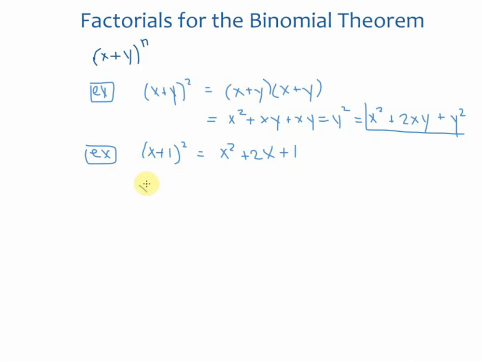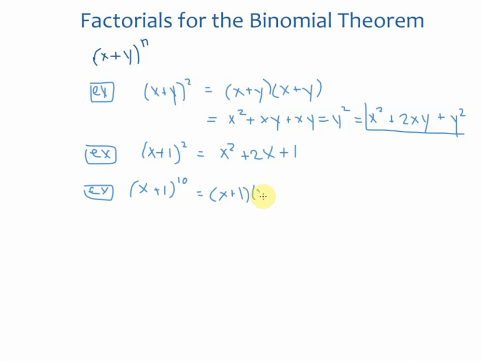If I give you x plus 1 to the 10th power, that means that you are going to do x plus 1 times x plus 1, and you're going to FOIL that.